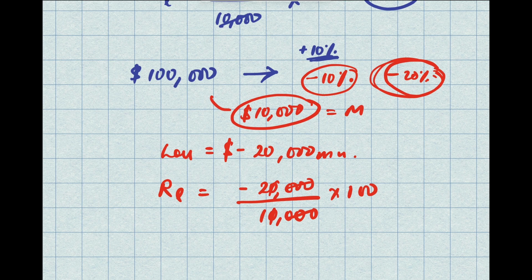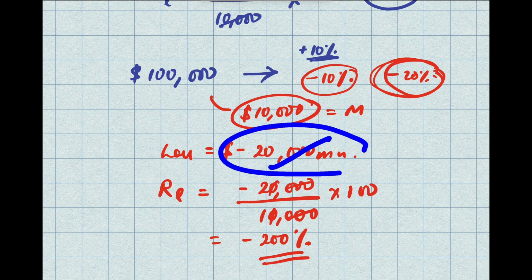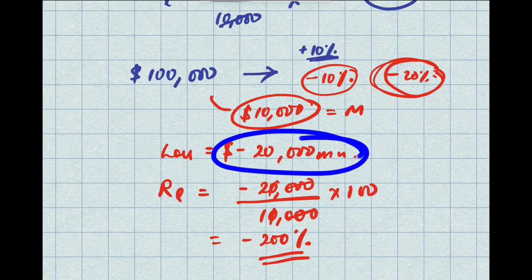So you can see that the loss is minus 200%. You have nearly doubled your loss. You already lost this much, whatever you put in, you also lost additional this. You have to pay this much to the stock exchange. Your margin money will burn, right? You additionally have to pay this much.